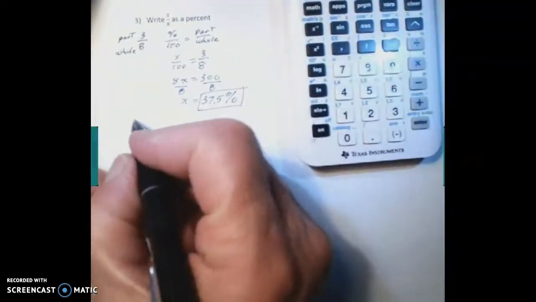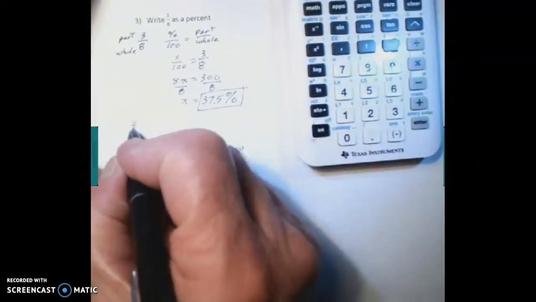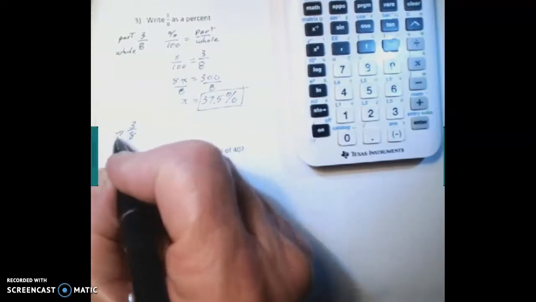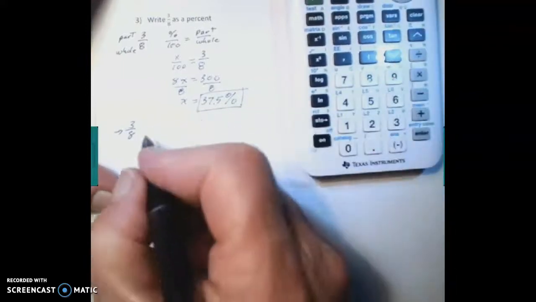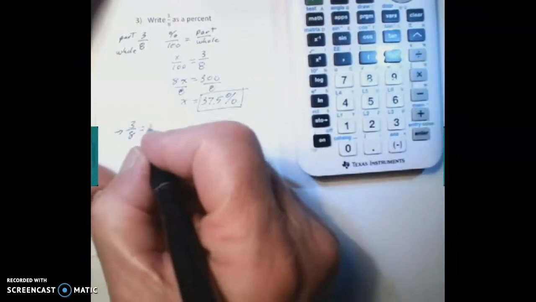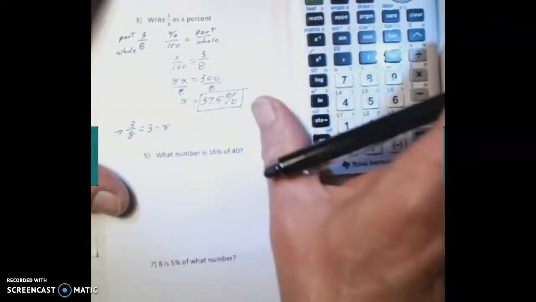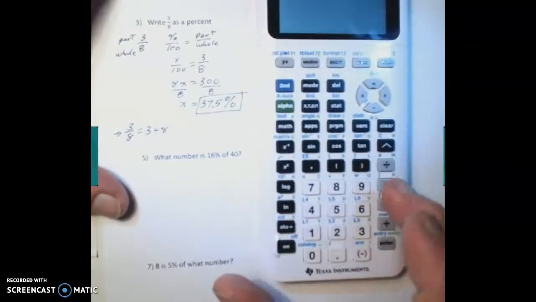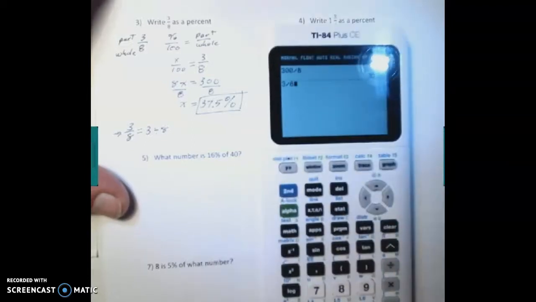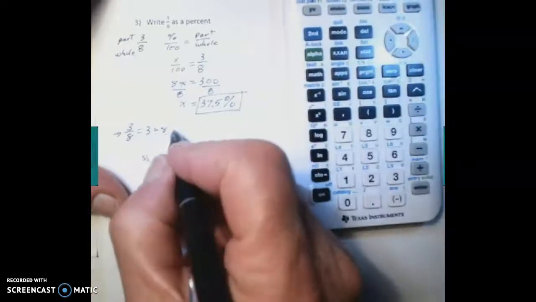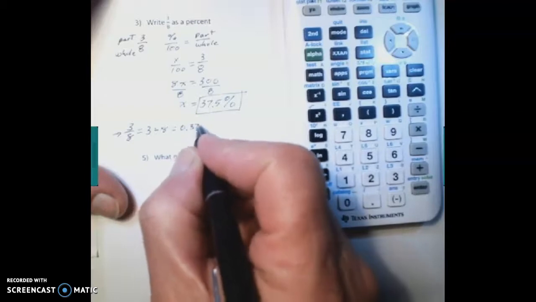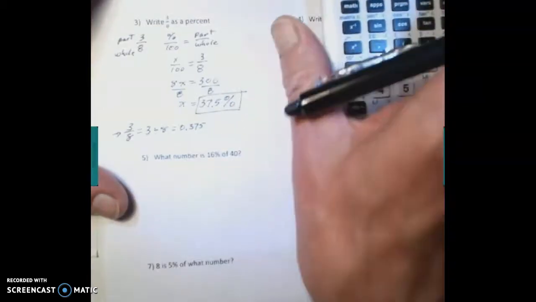Another way to do it is to change it to a decimal. And remember, this bar means divide, so you're going to do 3 divided by 8, and you come up with 0.375, 375 thousandths.